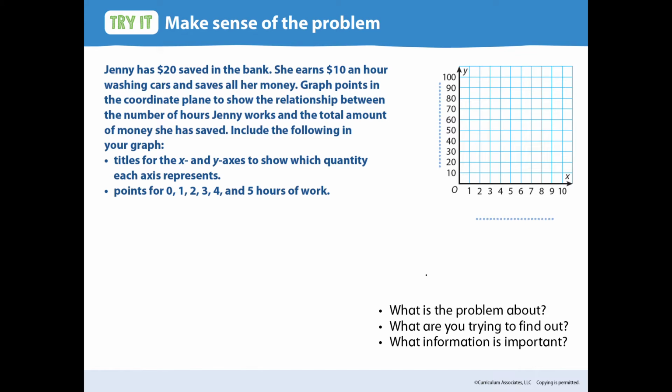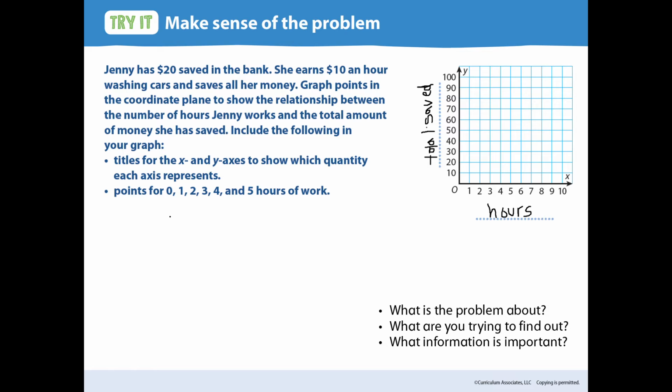Okay, pause the video and try it out yourself and then press play. So we're going to put hours worked along the bottom here. And then over here, we're going to put total saved. All right, and then we're graphing the points 0, 1, 2, 3, 4, and 5.